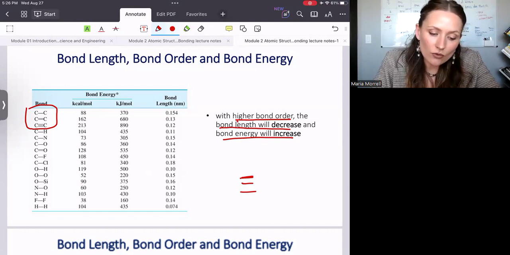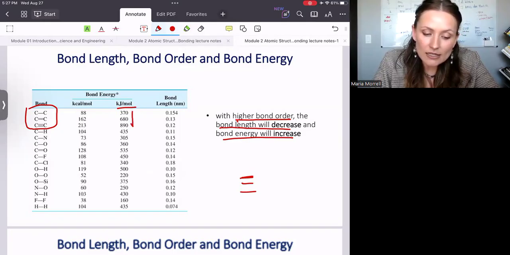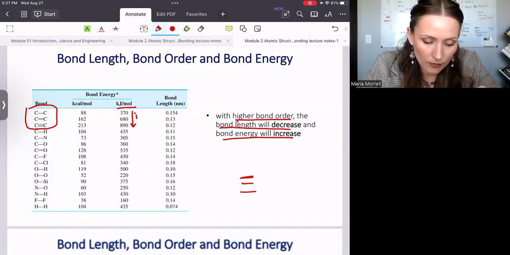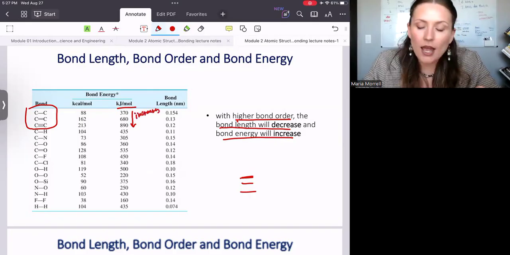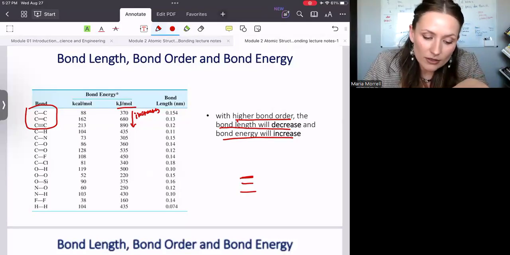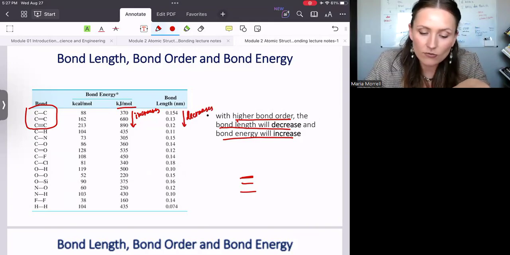If you first look at the energy in kilojoules per mole, you guys will see that the energy increases as the bond order increases, right? And at the same time, the bond length in the same direction decreases, right?